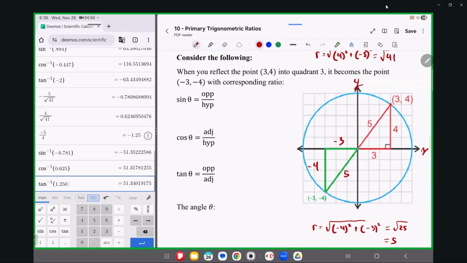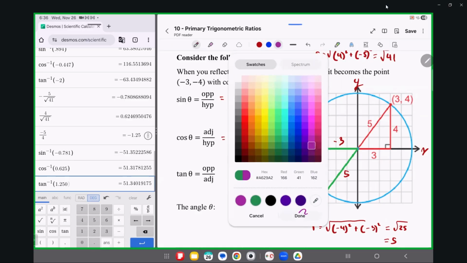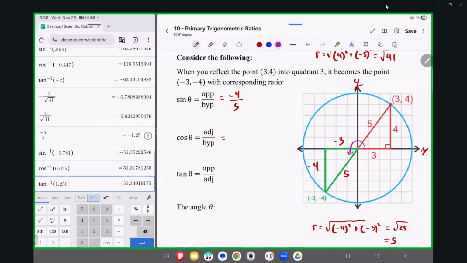Okay, so what about sine theta? Sine theta is going to be -4/5. Cosine theta is the adjacent over the hypotenuse. And so keep in mind, we were talking about this angle here. This is the theta we're interested in.